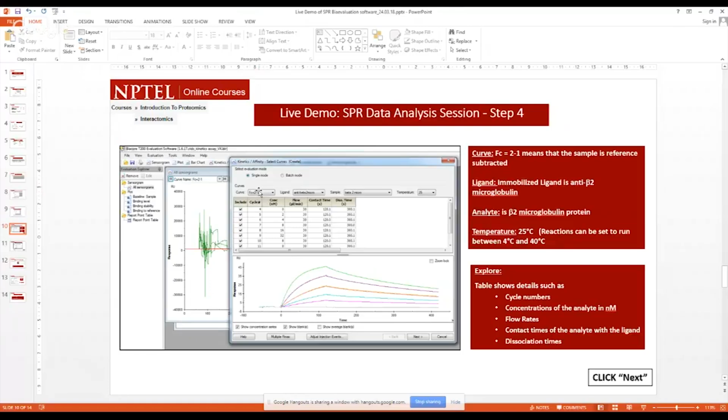When you're doing an SPR assay, it is very important to use 2 flow cells. One of the flow cells will be considered a reference flow cell. The second one, flow cell number 2, will be the one where you immobilize your ligand. And the reason for this is, you remember that all the measurements here are based on change in refractive index.